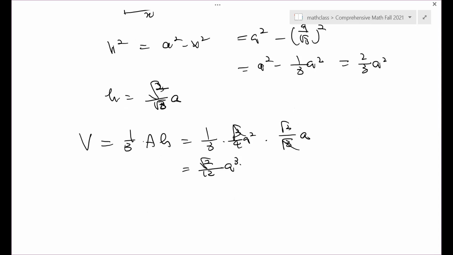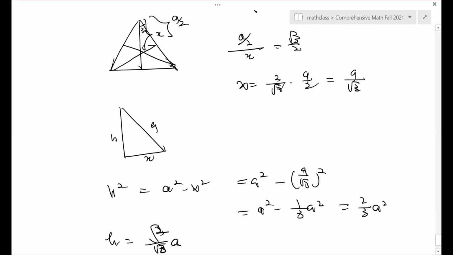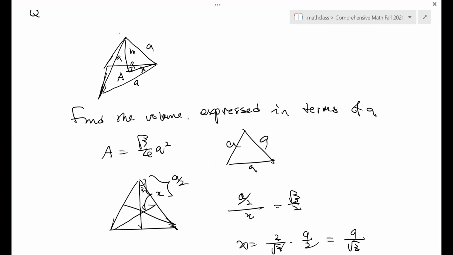Think about this, the tetrahedron. If you want to find the volume, you view it as a cone, we call it a cone-like solid, over the triangular base. The base is the equilateral triangle, so you can easily find the area of the triangle. All you have to do is find the height. In order to find the height, you need to apply the Pythagorean theorem. You draw an additional line and you get a vertical right triangle sitting there.